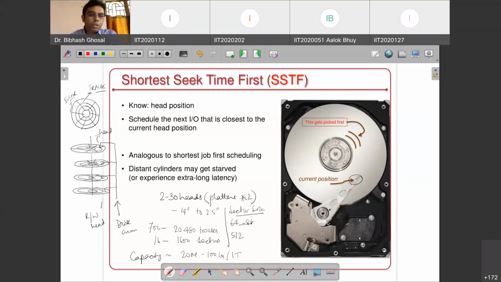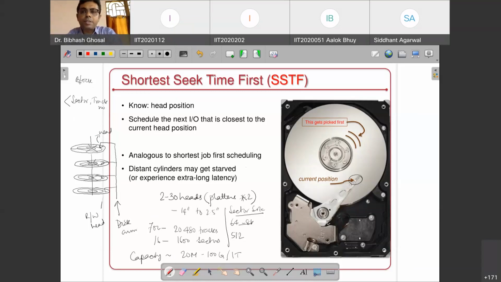Now, how are these arranged? Very important. The data that you are going to store is addressed in the form of a sector number and a track number. Sir, what is platter into 2? Platter is the disk, the entire surface area of that particular disk.